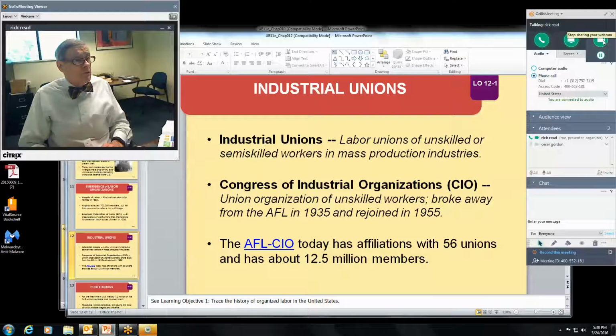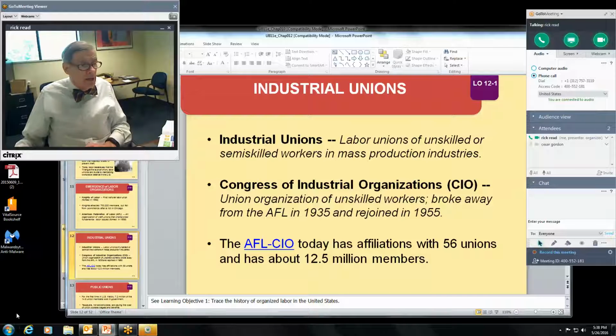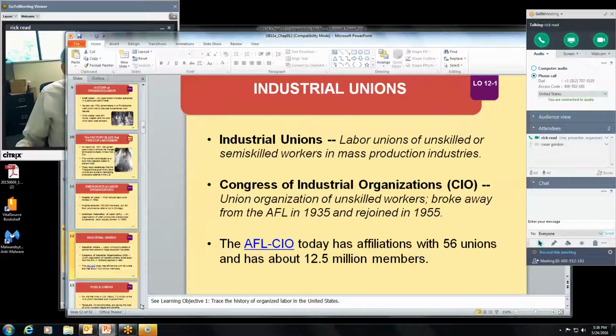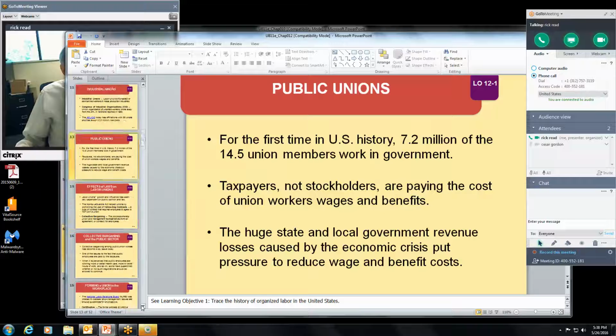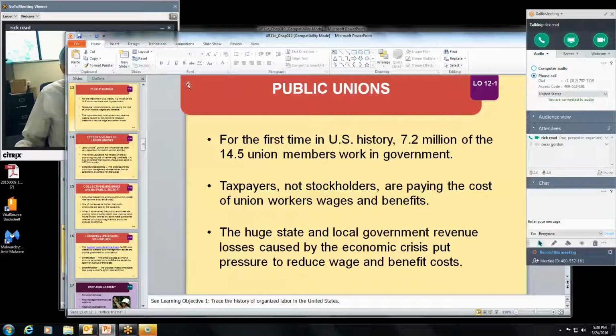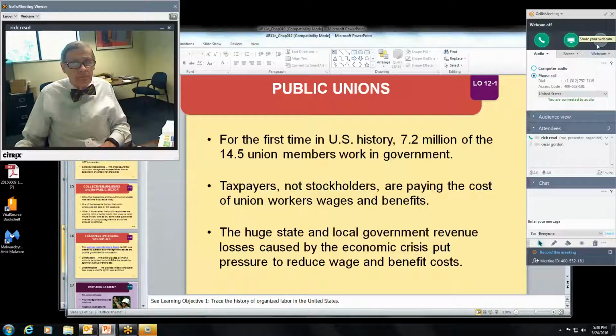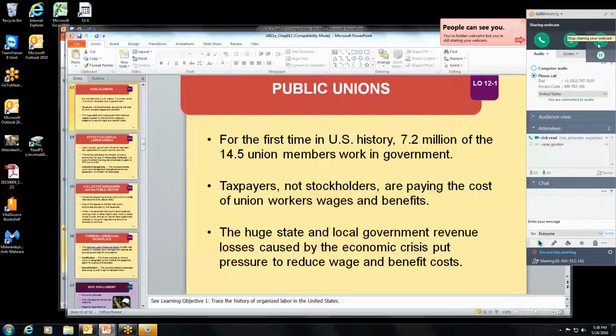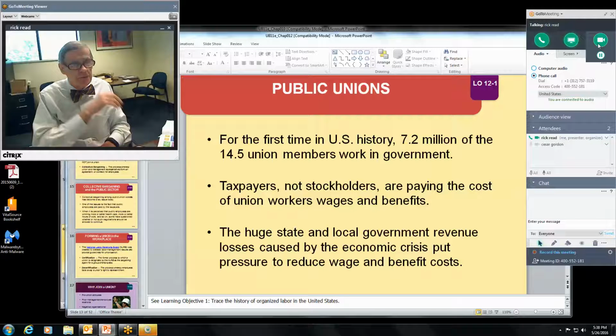So they split from the AFL in 1935 and then came back to the AFL in 1955. And so we have today's AFL-CIO. And they give you the numbers there of the current number of unions and the approximate number of union members in the United States.